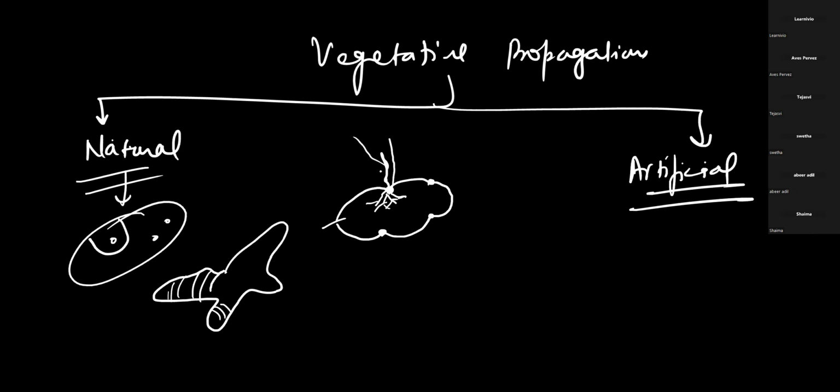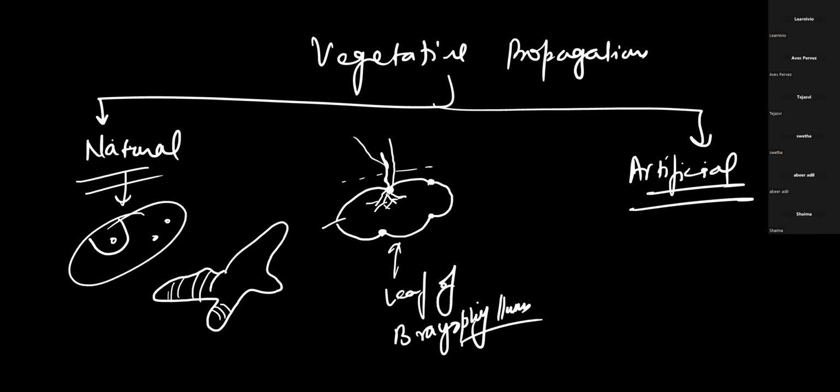So this is the leaf of bryophyllum, which can give rise to new plants. So these are different natural vegetative parts which have the capability to give rise to new plants. We can grow new plants by just using their vegetative part.